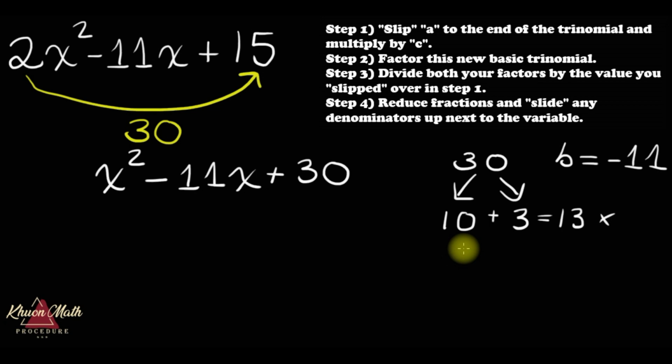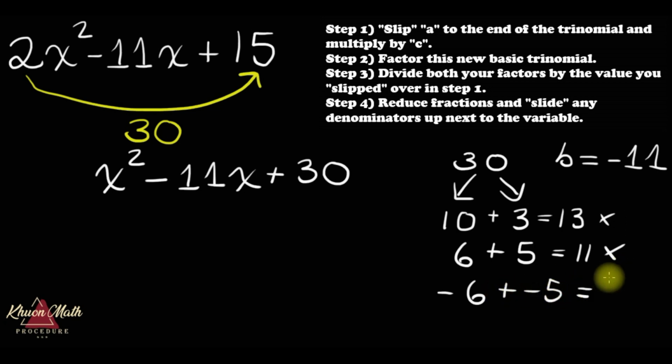Okay, how about we try 6 and 5? 6 times 5 is 30, but then 6 plus 5 comes out to 11, not negative 11, so that one's no good. How about we try negative 6 and negative 5?